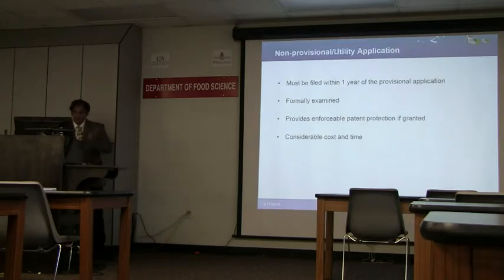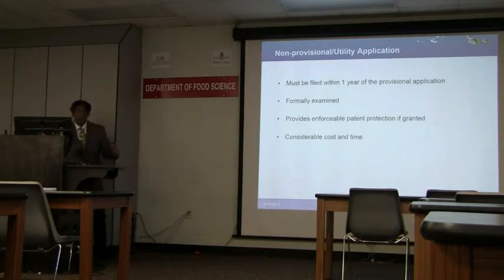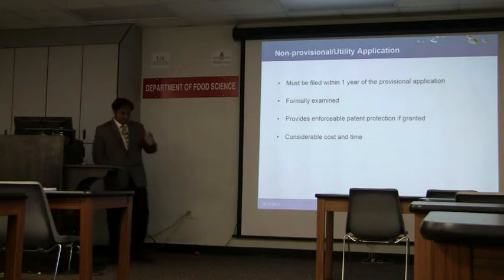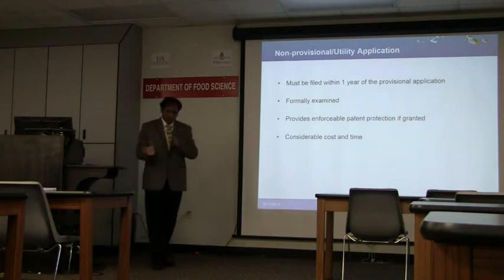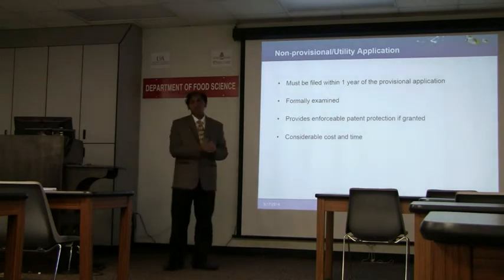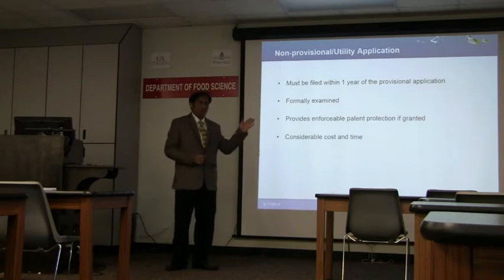Now we come to the utility application, which follows the provisional patent application. It must be filed within 1 year of the provisional application. This is formally examined. When I say examined, the examiner will do prior art searches for your invention. And it is good if you can yourself do some prior art searches before going for a regular patent application.